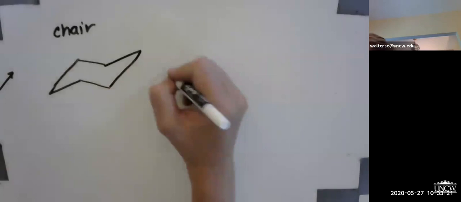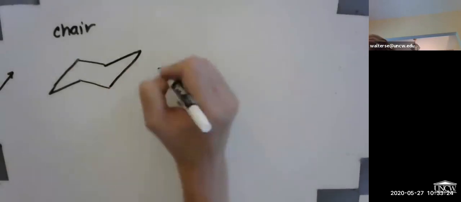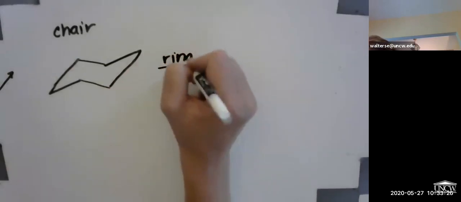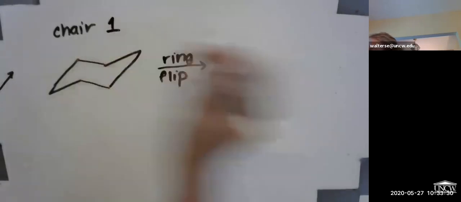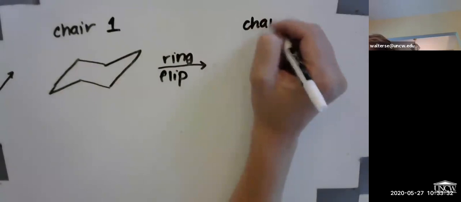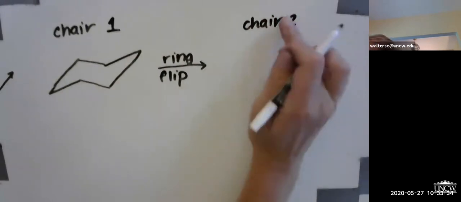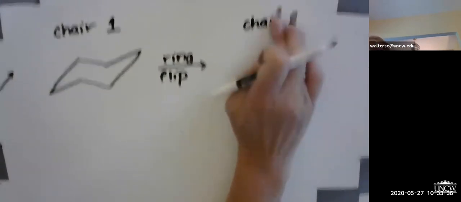In order to go to the other chair, we do what's called a ring flip. Okay, so this is chair 1, and we ring flip and we get chair 2.